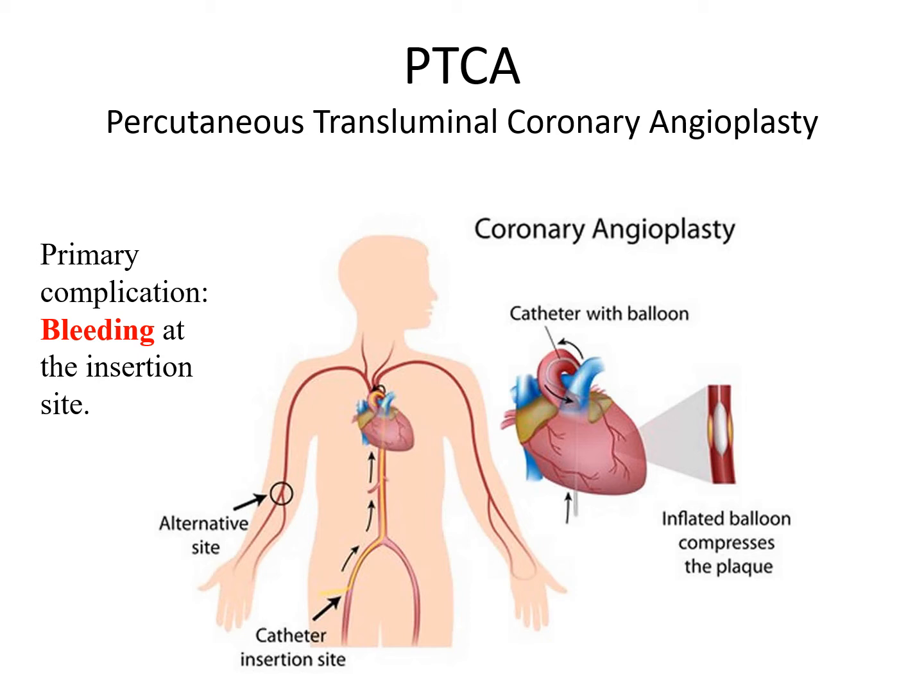But we don't see that as often, even though it is certainly an option for the interventionalist to perform. But there is definitely less bleeding associated with the alternate site as compared to the groin. So again, just to re-emphasize, bleeding is the number one complication associated with coronary angioplasty procedures in the cath lab.